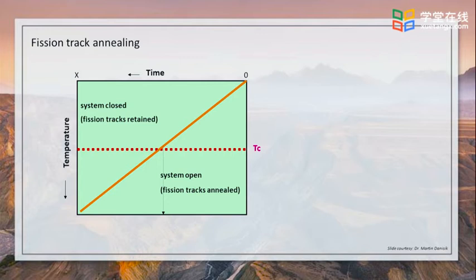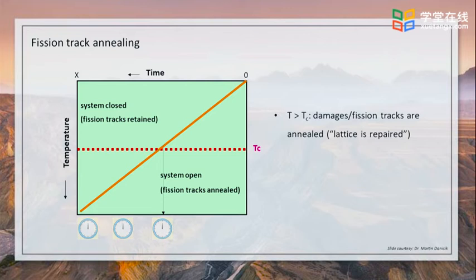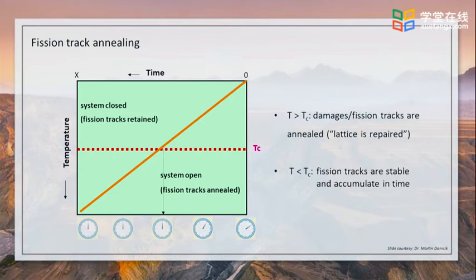Fission tracks shorten or anneal when the host mineral is at an elevated temperature, as a consequence of a thermally activated diffusion process. For instance, when temperature is higher than closure temperature, damages or fission tracks are annealed and the lattice is repaired. When environmental temperature is lower than closure temperature, fission tracks are stable and will be accumulated in time.